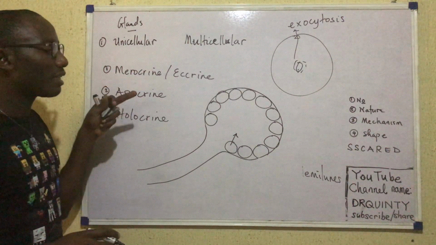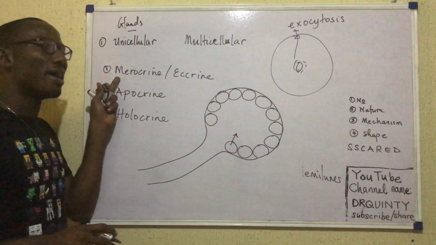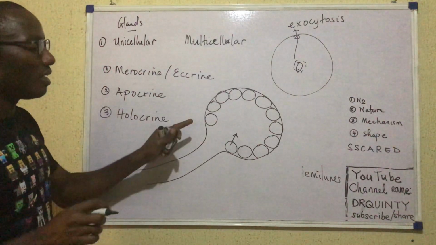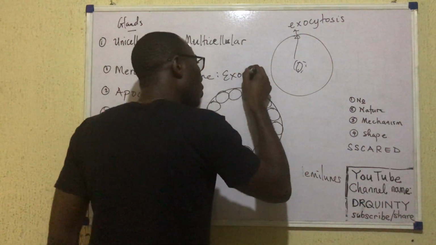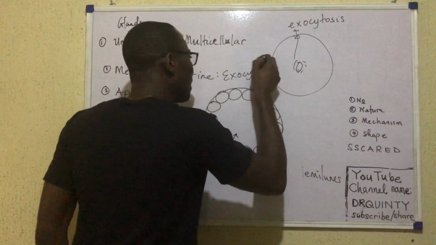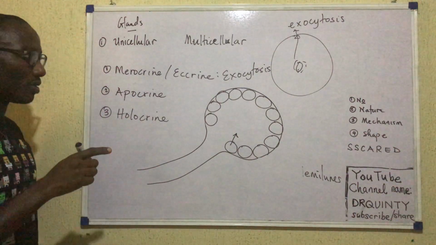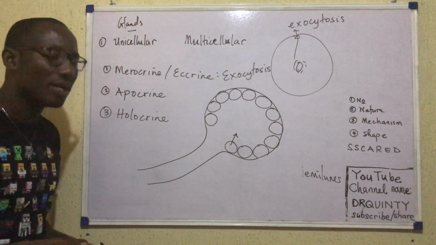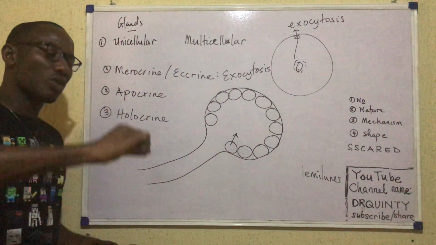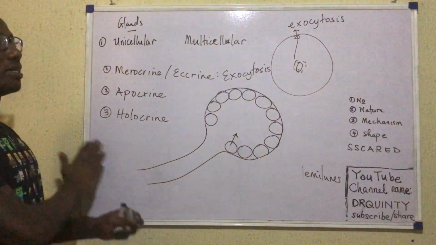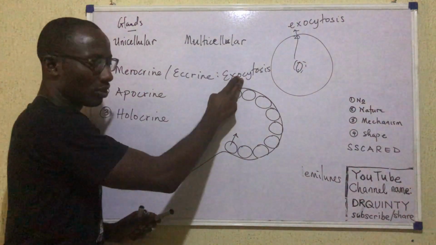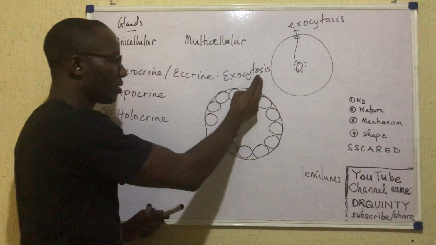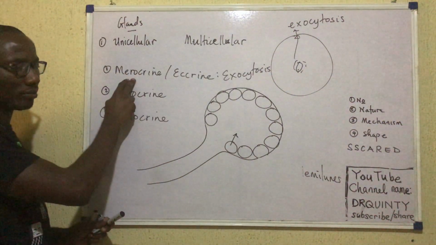We say that that particular gland is a merocrine gland because its secretions come out by exocytosis. Once you see that word exocytosis in relation to a gland, it already tells you that the gland is merocrine. So once you hear merocrine, think exocytosis. When you hear exocytosis, think merocrine.